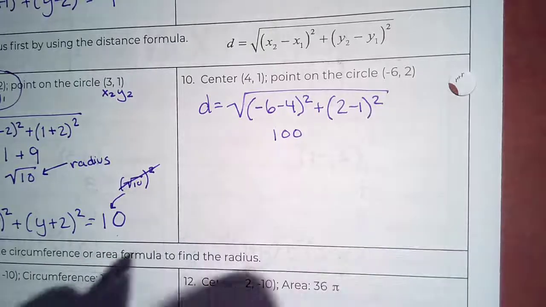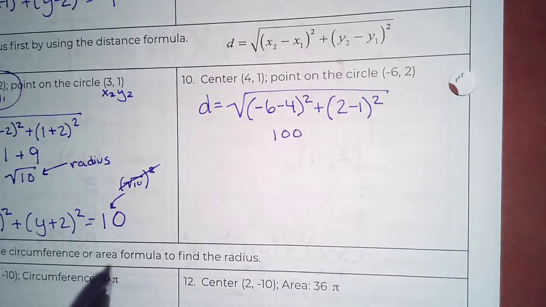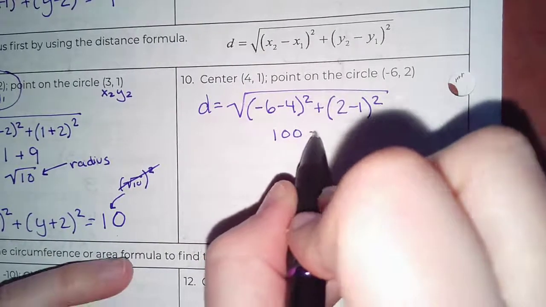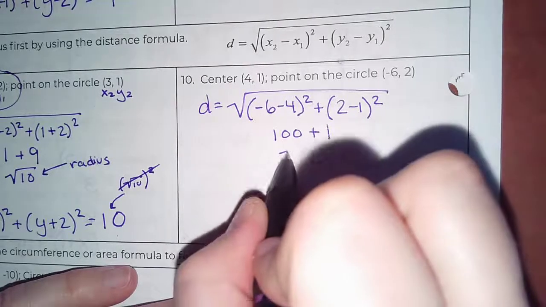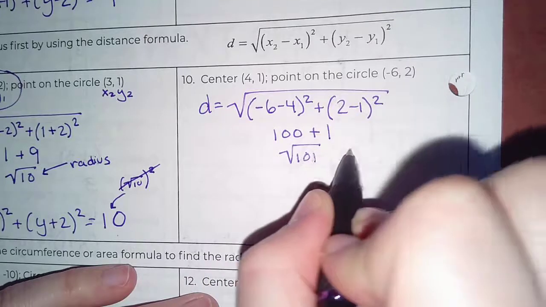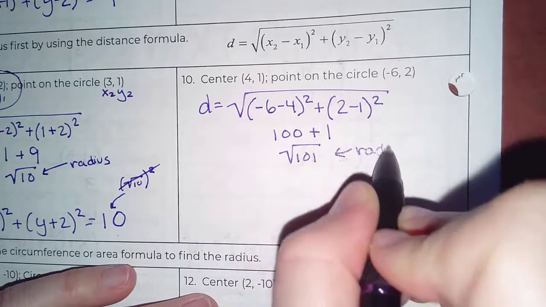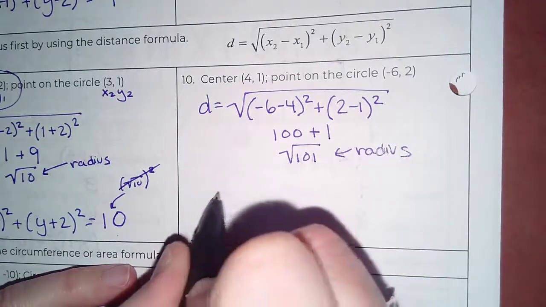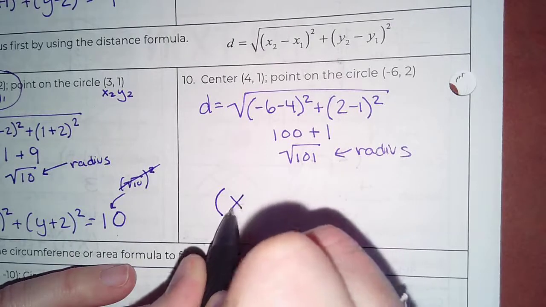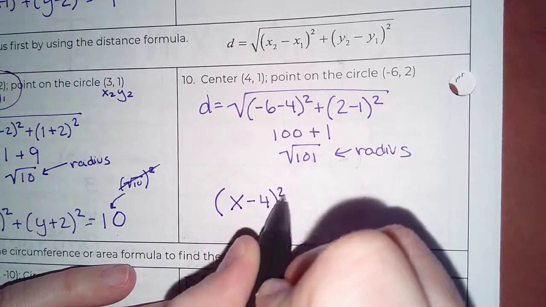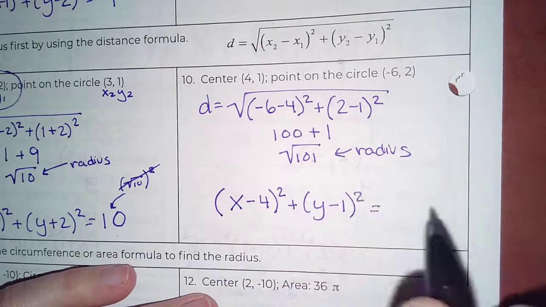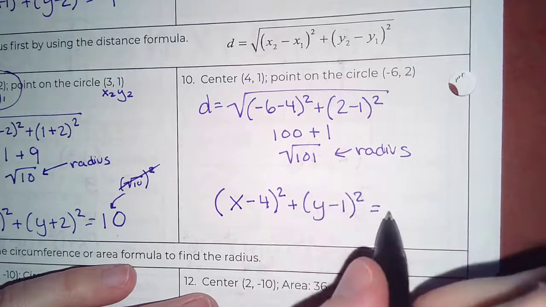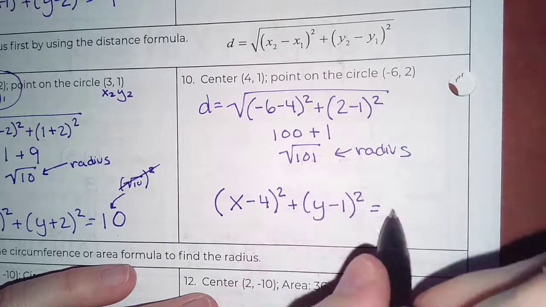If you plug it in your calculator, remember anything squared will be positive. Plus 2 minus 1 is 1. 1 squared is 1. So my radius is square root of 101. So my equation of this circle is x minus 4 squared plus y minus 1 squared equals my radius squared. So square root of 101 squared is 101.